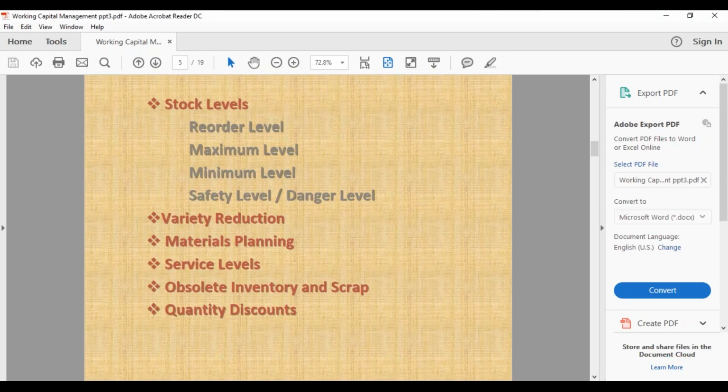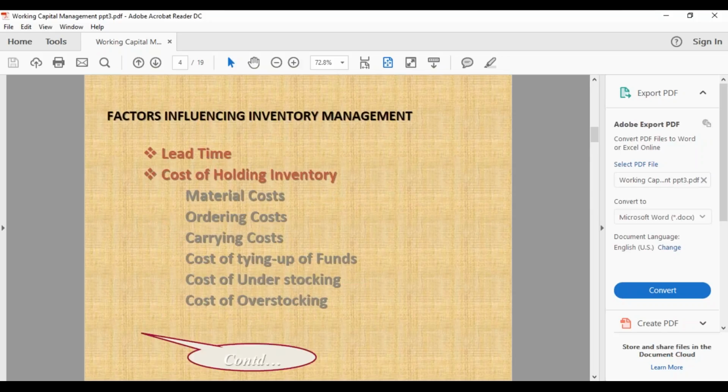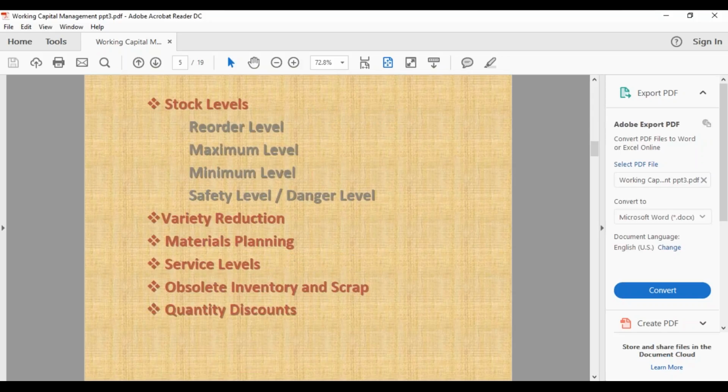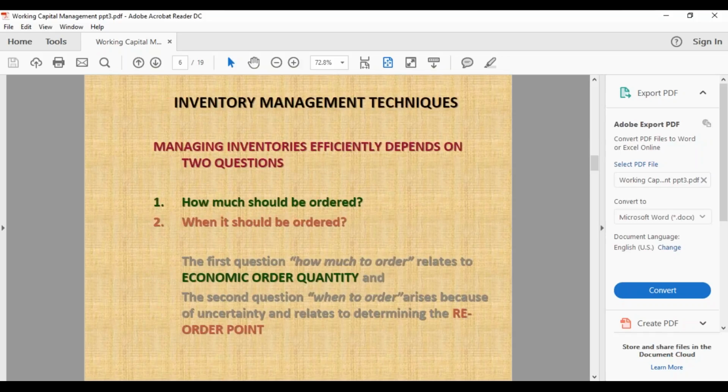Inventory management is also influenced by variety reduction, materials planning, service levels, obsolete inventory and scrap, quantity discounts, and so on. These are the factors which determine how we manage the inventory.